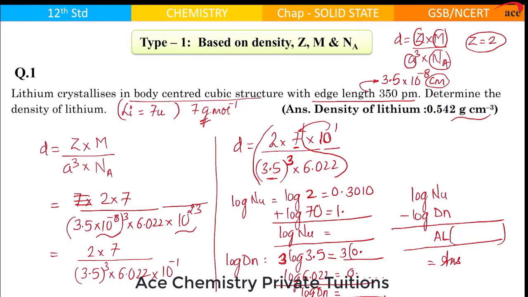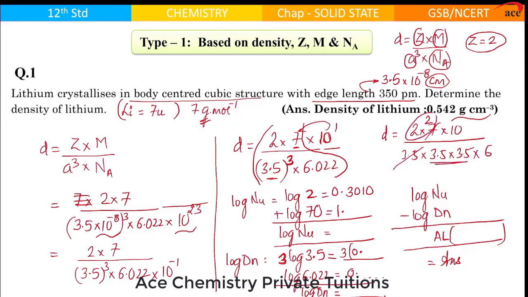In case of MCQ approximation, how can we do it? MCQ approximation is density is 2 multiplied by 7 multiplied by 10, divided by 3.5 multiplied by 3.5 multiplied by 3.5 multiplied by 6. So, this factor gets cancelled. You are left with 4 at this place.